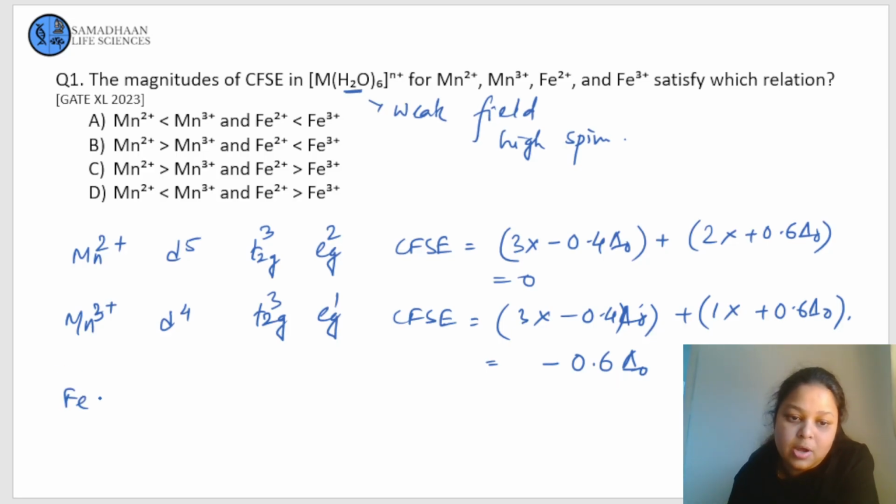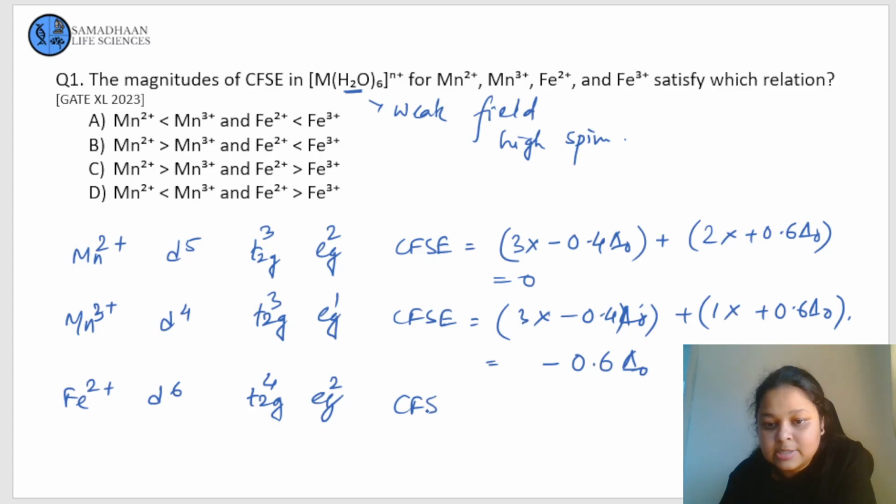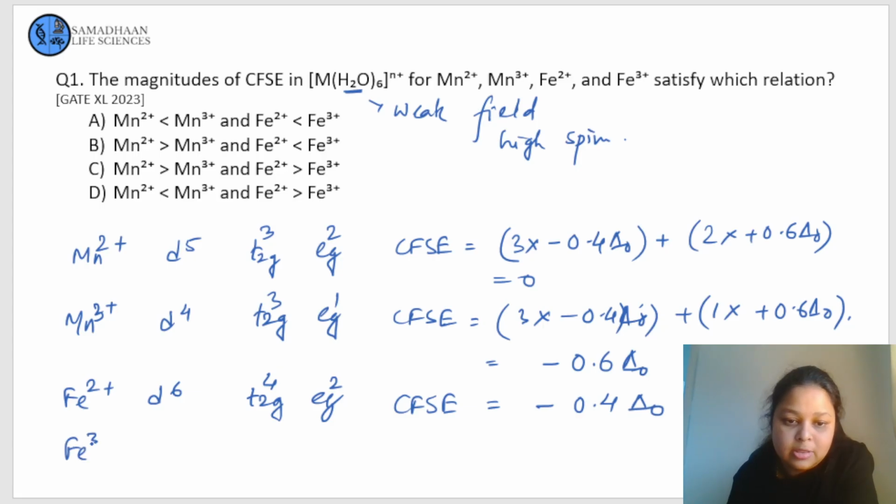Let's take the next one, Fe2 plus, which is a d6. So 1, 2, 3, 4, 5, then 6. So T2g4 Eg2. Here the CFSE in the same way will be minus 0.4 delta O. And for Fe3 plus, a d5 system, which is similar to this one, T2g3 Eg2 and the CFSE will be 0.